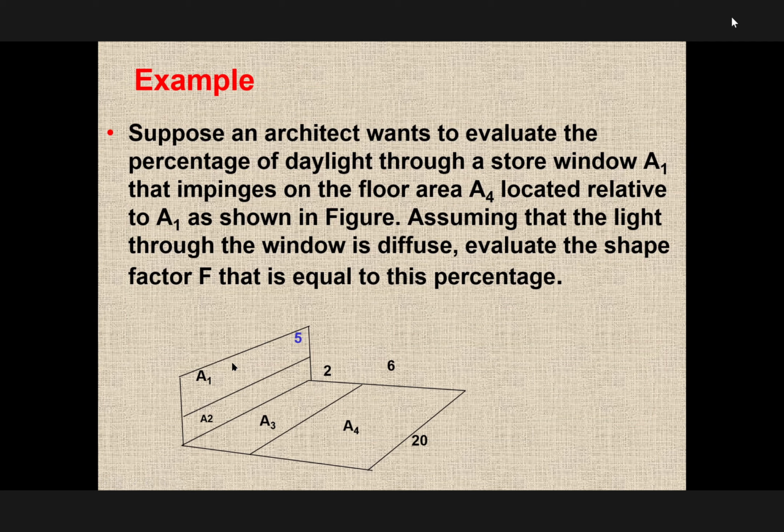What percentage of light goes through window A1 will eventually end up here, okay? At this moment, forget about the size. Let's assume the general surfaces 1, 2, 3, 4. I'm trying to calculate the view factor of 1 to 4. Could you please try?